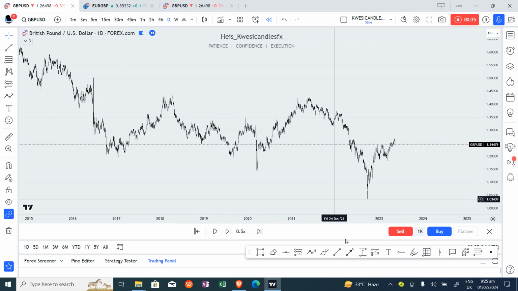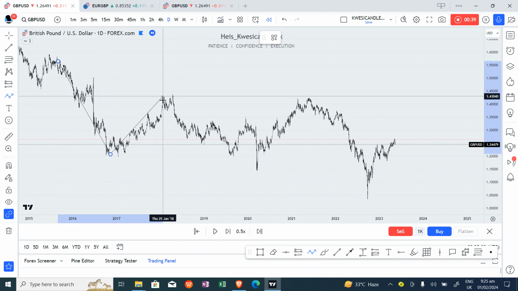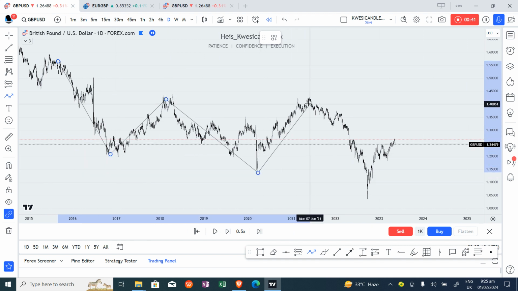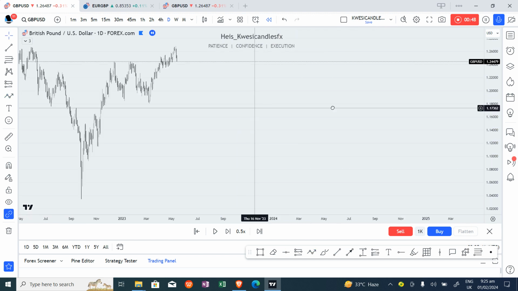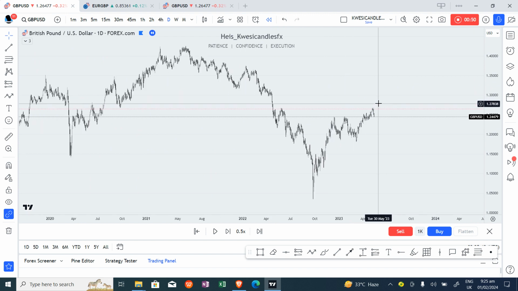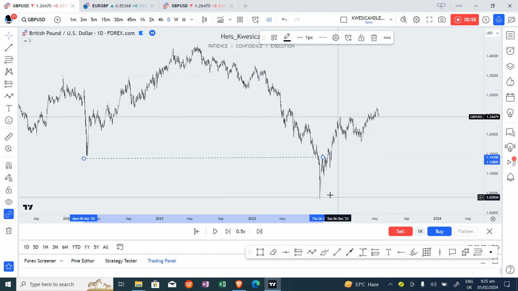Consider we are in a downtrend. You can see the market making lower highs, lower lows, lower high. That means we are in a downtrend, and then the market broke this structure, this leg, which is giving us this pullback.